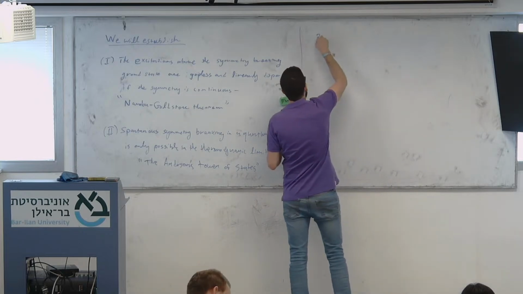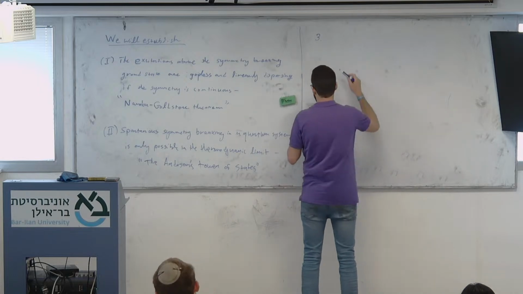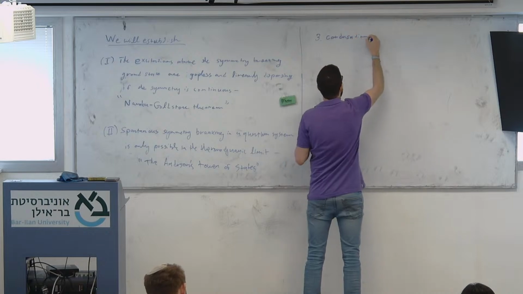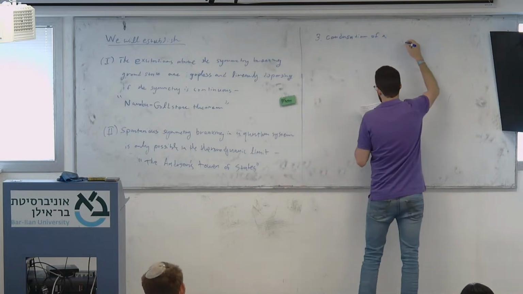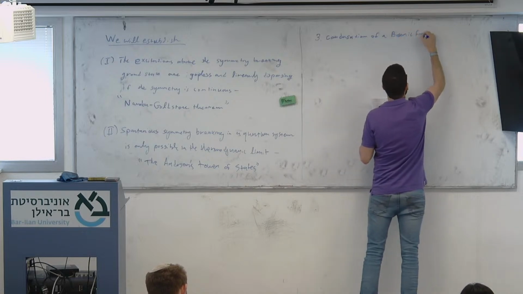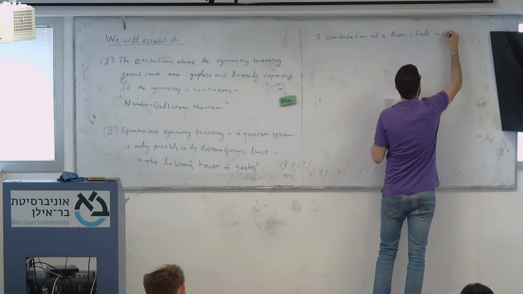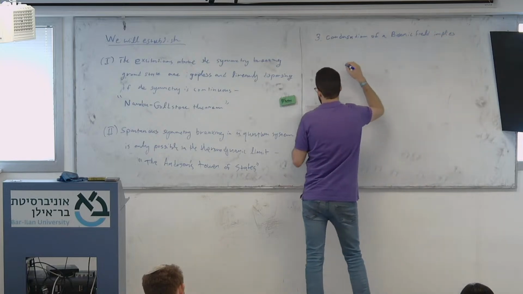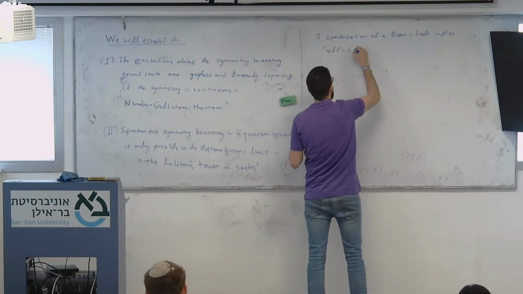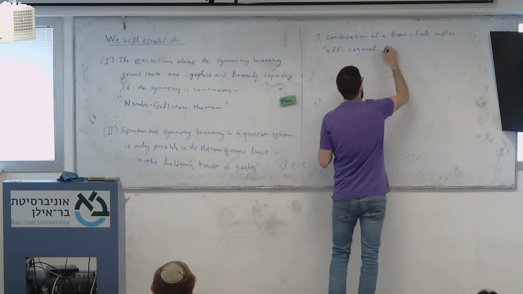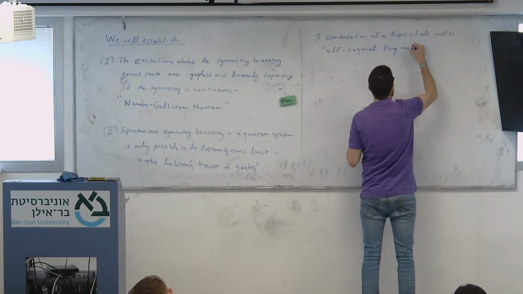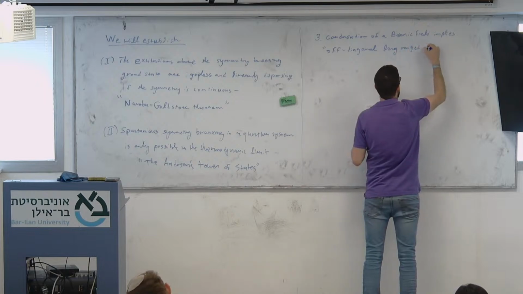And the third one is that condensation of a bosonic field implies what we call off-diagonal long-range order.